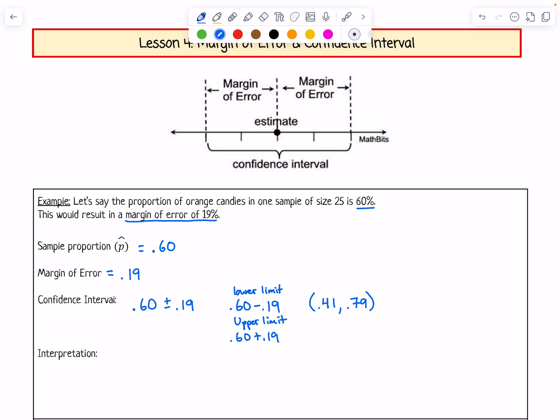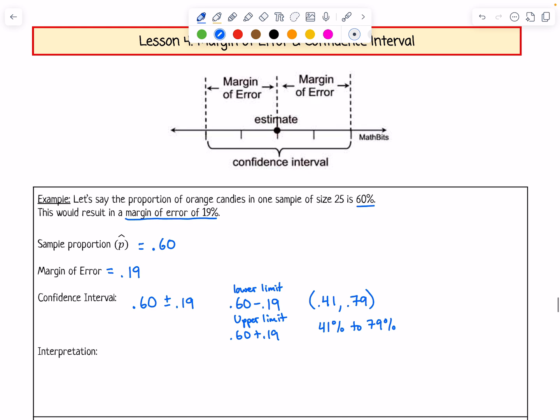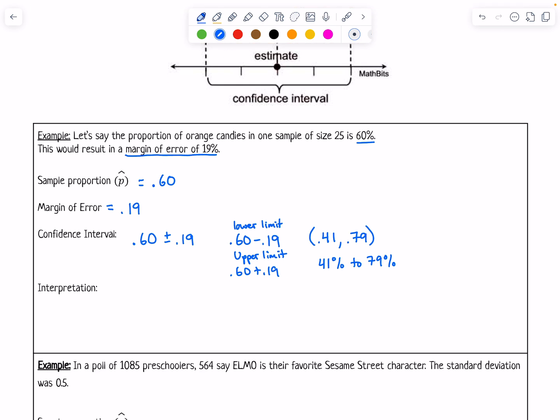It really represents 41% to 79% if we wanted to rewrite it as a percent. Sometimes they do, and sometimes they just leave it as a decimal. Either one is acceptable. To interpret this, we normally state a level of confidence, but we don't have to get that specific just yet. So let's just state we are confident, but normally we would say like 95% or 90%.